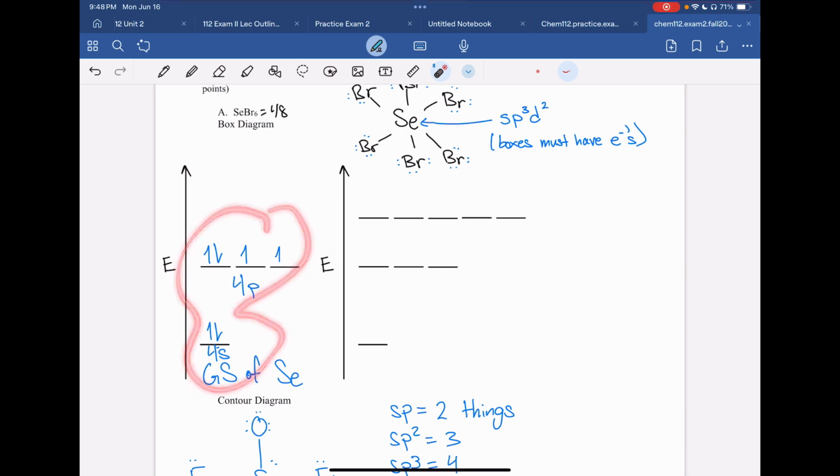I'm not going to really walk you through it. You should figure out the valence electrons of selenium. Okay. Hopefully you're not having any trouble with that. So there must be 2 electrons in the D box.